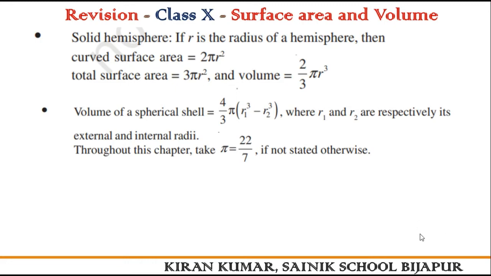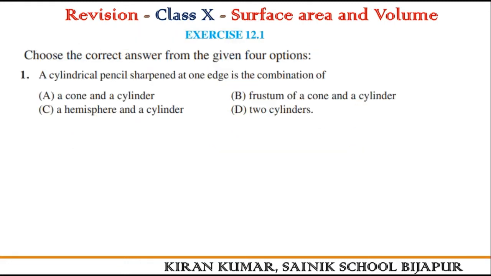We shall take up exercise questions and we shall revise each of the topics. We'll begin with exercise 12.1. Exercise 12.1 is all about choosing the correct answer in the given 4 options, of which the first question is: a cylindrical pencil sharpened at one edge is the combination of.